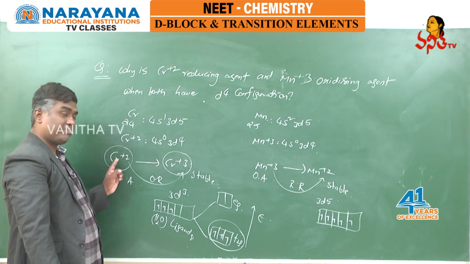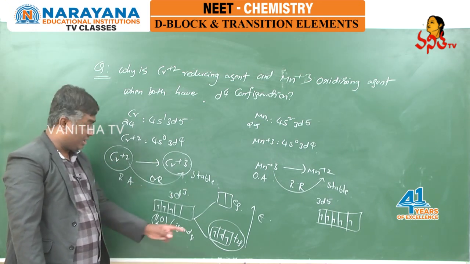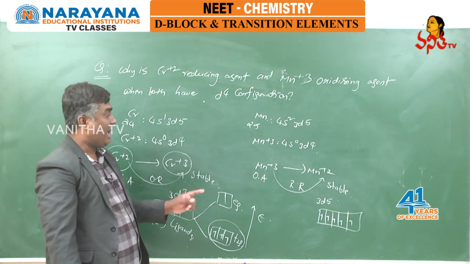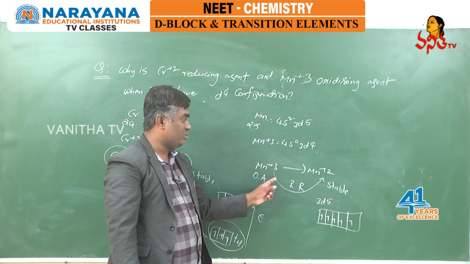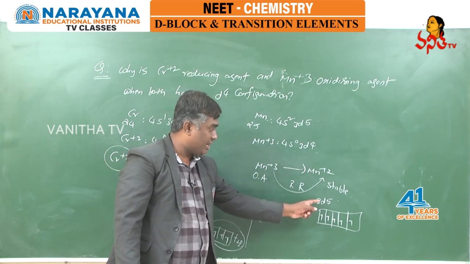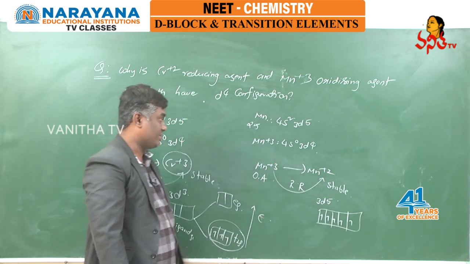So here what is happening? Chromium +2 is becoming stable chromium +3 because t2g is exactly half filled, so a stable species, and manganese +3 is reduced to manganese +2. The reason is, manganese +2 has 3d5 configuration, exactly half filled, a stable species.